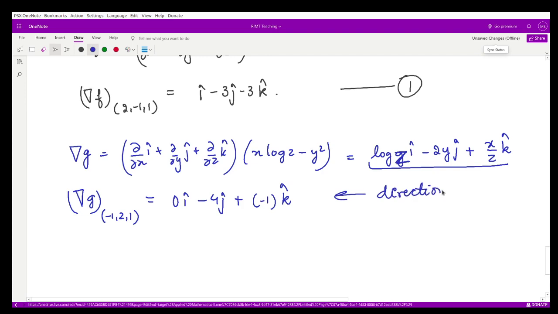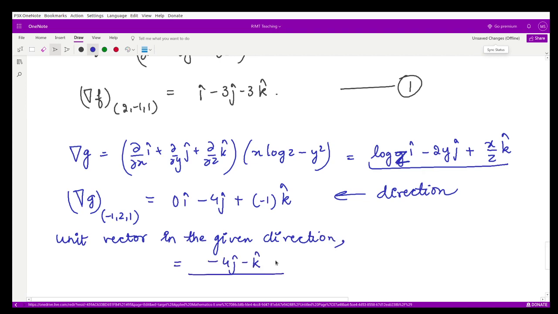Now we have to evaluate the unit vector in the given direction. So what would that be? It would simply be this vector minus 4 j cap minus k cap divided by its magnitude.